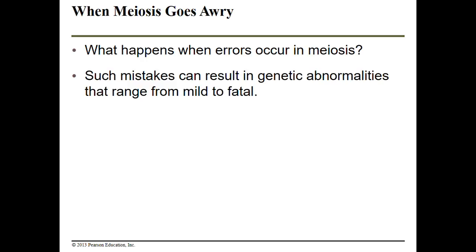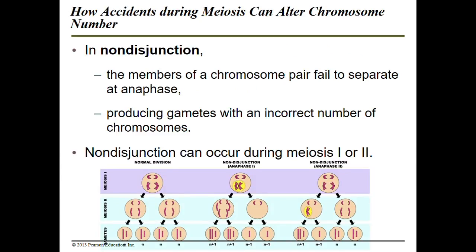There can be errors. Oftentimes, if there are errors, these can be fatal. So first, let's look at non-disjunction. This is where chromosomes aren't separating properly, so offspring have the wrong number. So they either have one too many or one too few. This is fatal almost all of the time.